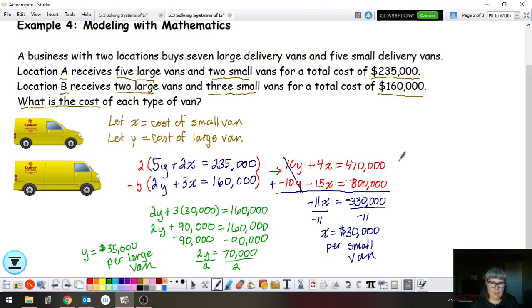So if we were to check that, is 5 times 35,000 plus 2 times 30,000 going to equal 235,000?